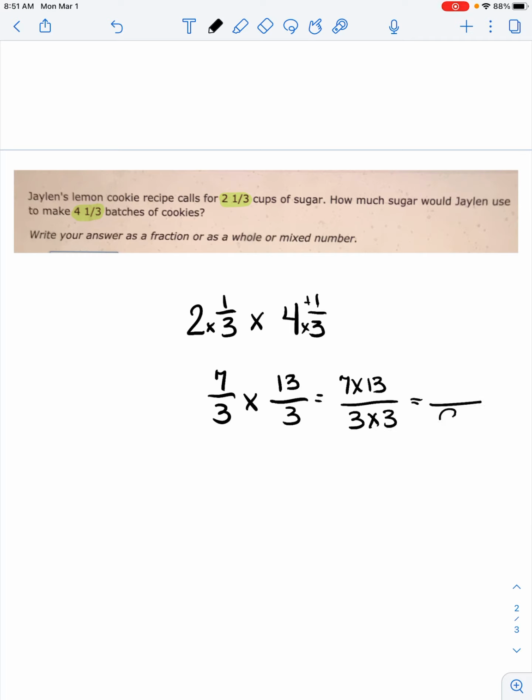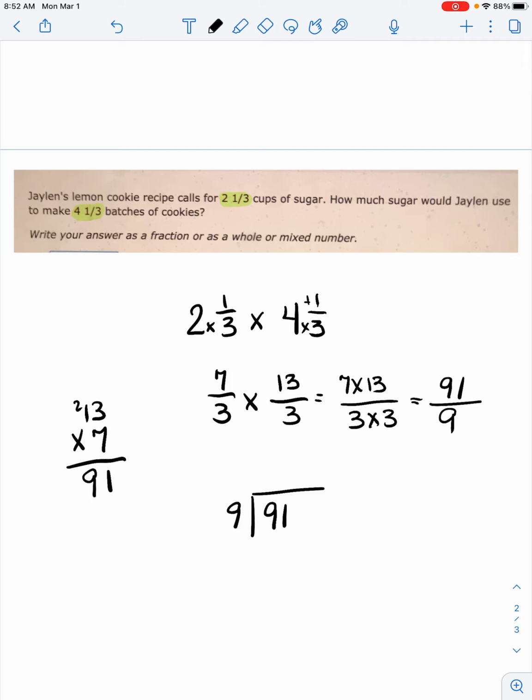I know my denominator is going to be 9. That's the easy part. And let's see, 7 times 13. 7 times 3 is 21. And 7 times 1 is 7, 8, 9. So we get 91. Okay. And we have 91 divided by 9.